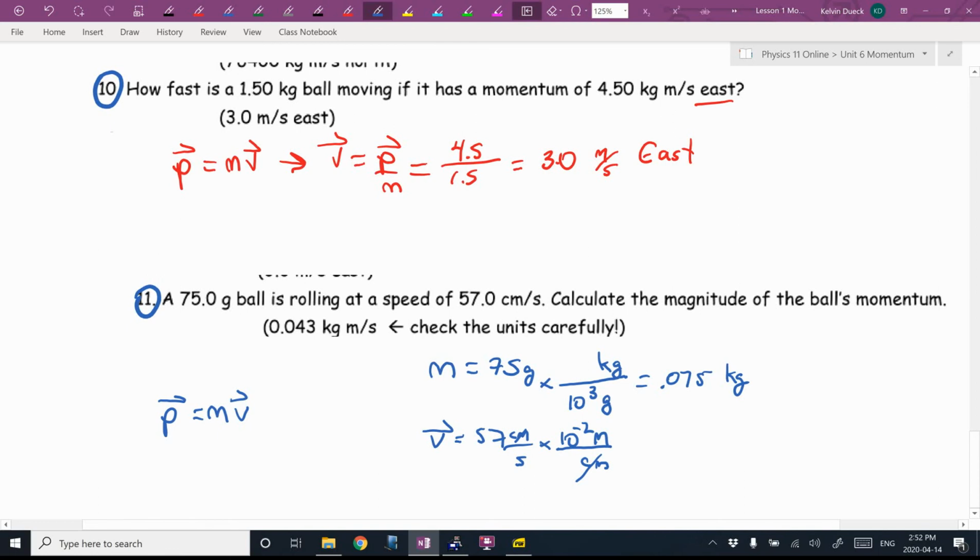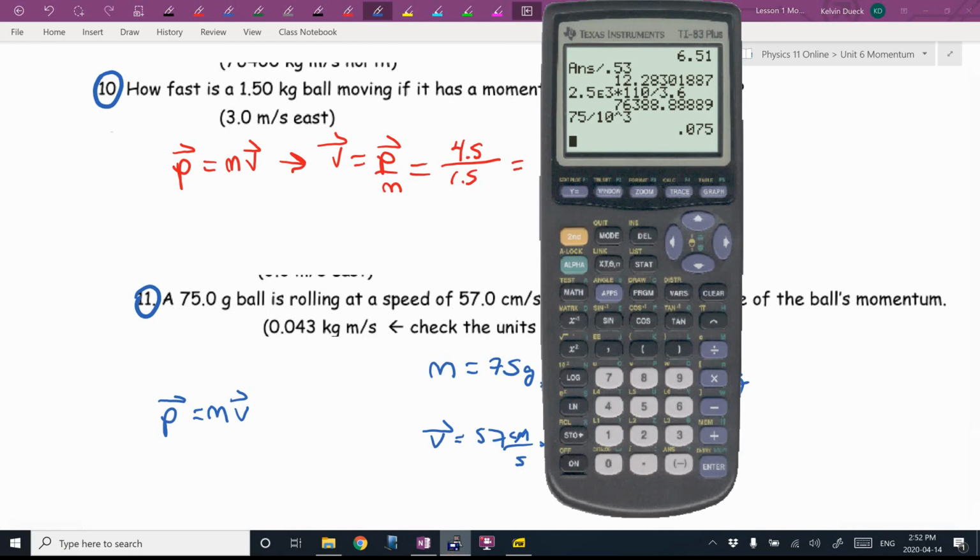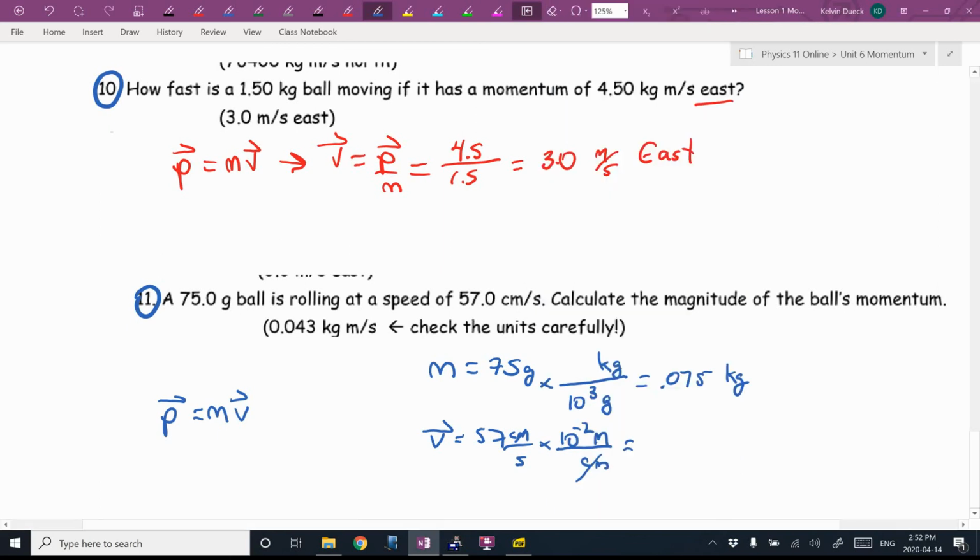The 10 to the always goes next to the base unit where the metric prefix isn't. So since the c is on the bottom, the 10 to the goes on the top. So I end up with 57 times 10 to the negative 2. That's it, divided by, times 10 to the negative 2. And I get 0.57 meters per second.